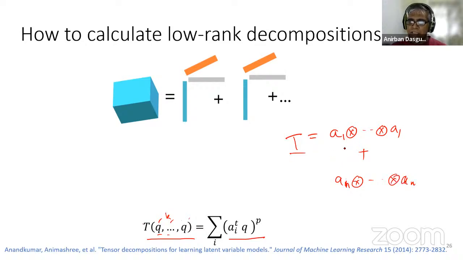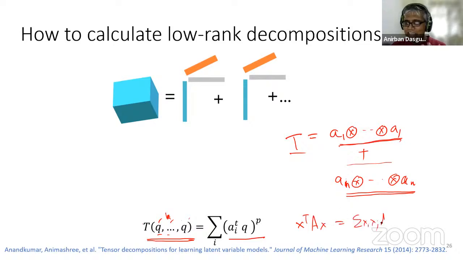Basically, supposing T is of this form, you have taken the K-fold outer product of the vector A1, the K-fold outer product of vector A2, and the K-fold outer product of vector AN. Then you define the tensor product of Q with Q, Q, Q as the summation of a_i transpose Q. It's just like what you would do for a matrix, x transpose A x is the summation of x_i x_j A_ij.